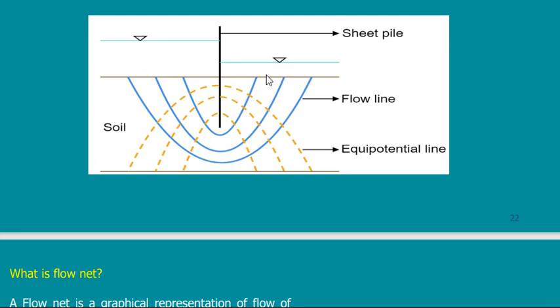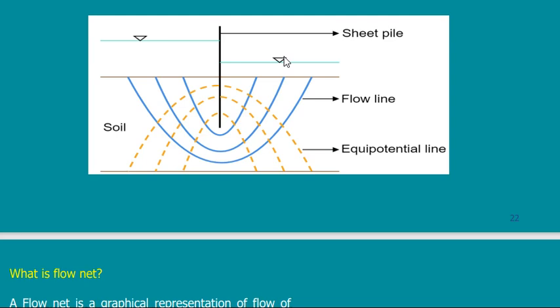Suppose h is 6. The height here is 6. So if I draw this one and I measure the pressure of water here, and I find that the pressure here was reduced from 6 to 5, then the next potential line should be at 4, and the next potential line should be at 3, and the next at 2, and so on till I reach the 0 potential line, which will be here, because we said we don't have water here.